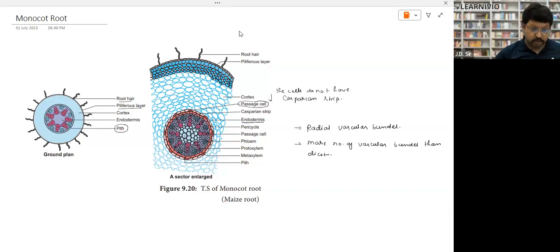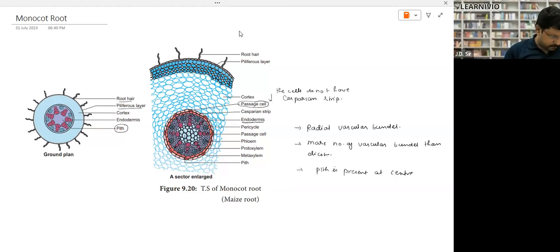And what else? Pith is present, which is not found in dicot. Pith is present at the center. Right, pith is present at the center.